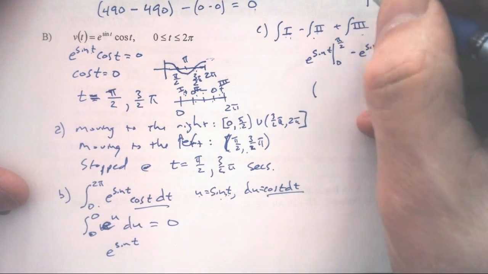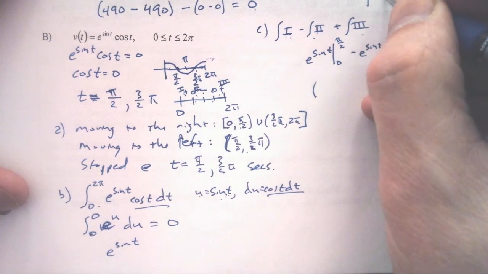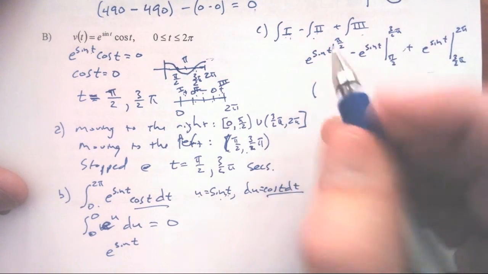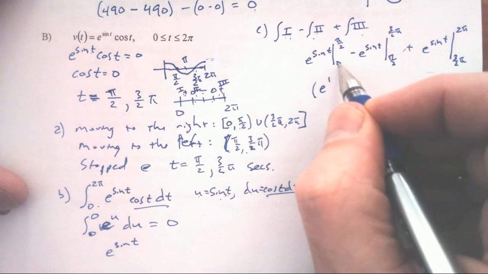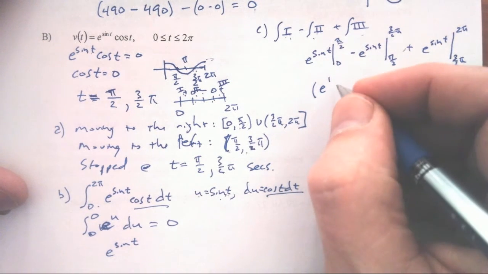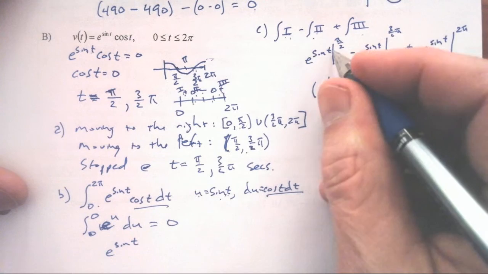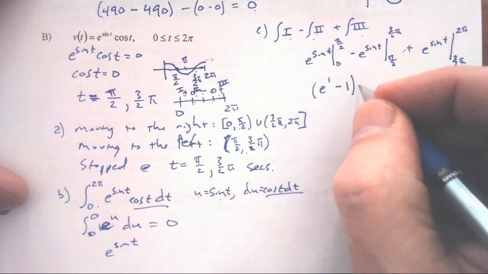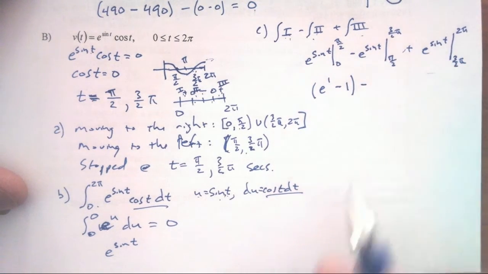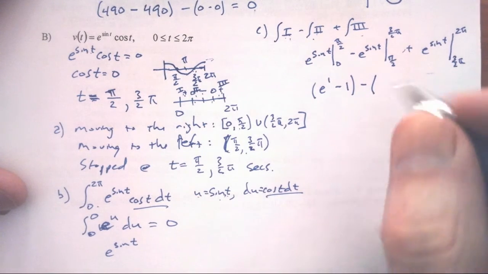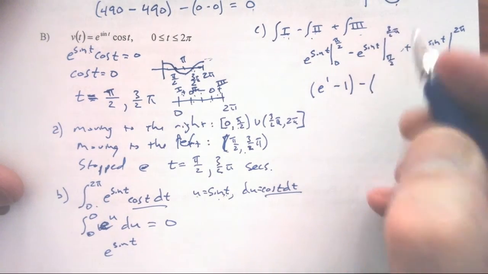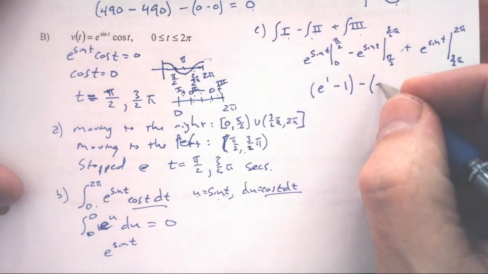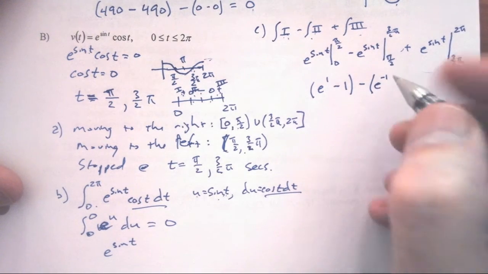Here's my sine graph, and we're quadrantal here. Sine of pi on 2 is 1, so that is e to the first. Sine of 0 is 0, e to the 0th is 1, so minus e to the 0th, 1. Minus, sine of 3 halves pi, 1 half, 2 halves, 3 halves pi is negative 1. That is e to the negative first.